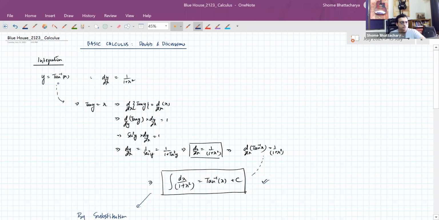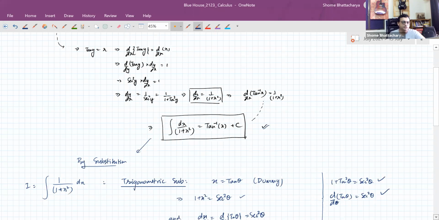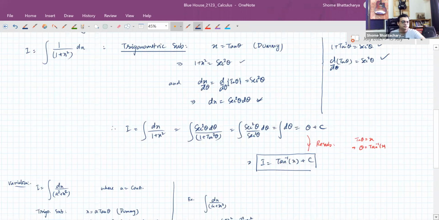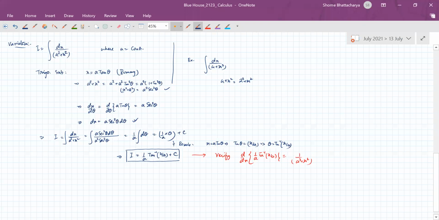Okay, sir. That's where the manipulation comes in. The integration of 1 upon 1 plus x square is tan inverse x. But here in the variation one, we had the extra term a square in the denominator. So how we took care of that problem is by doing a small manipulation: instead of substituting x as tan theta, which is the standard one, in the variation one we are substituting it as a tan theta. Got it? Got it, sir. Okay.